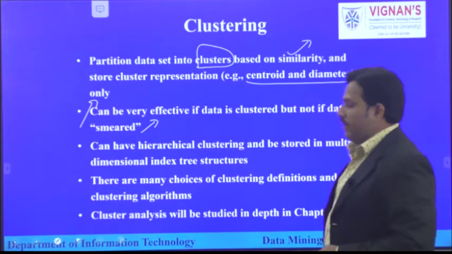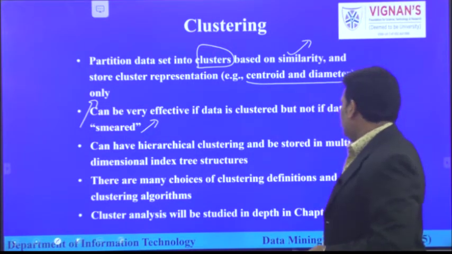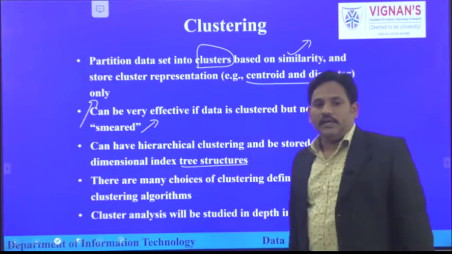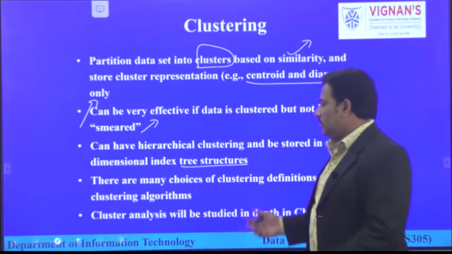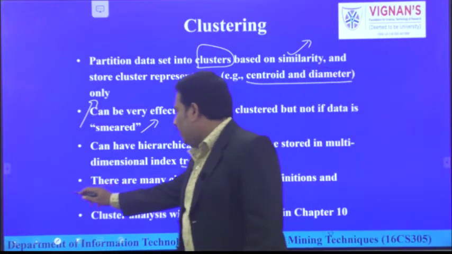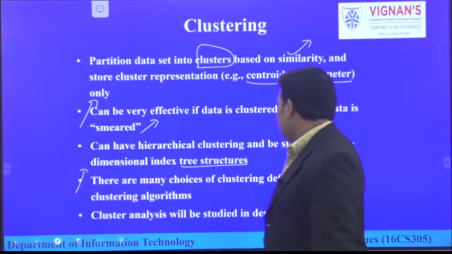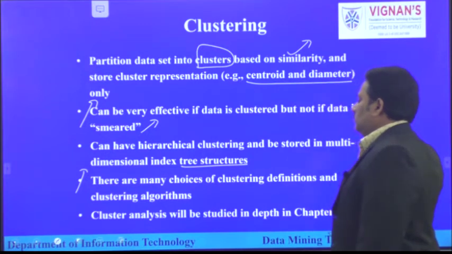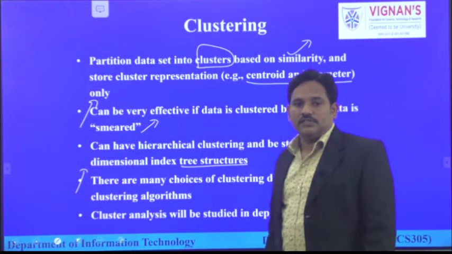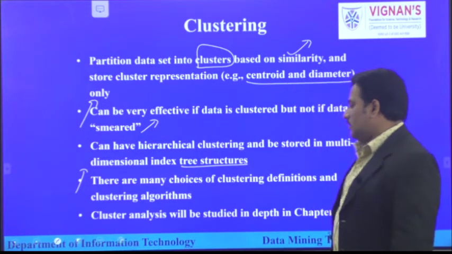And next, when we apply hierarchical clustering and store in multi-dimensional indexing, we can go for a data structure representation to store the data values. And next, when we apply the clustering technique to find out similarity, we can choose what type of clustering we can apply and what features we can derive using the clustering approach.